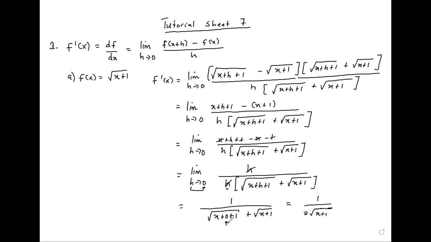So you only cancel one h that is multiplying, the h that is up. Whatever h remains, you substitute a 0 where there is that h.